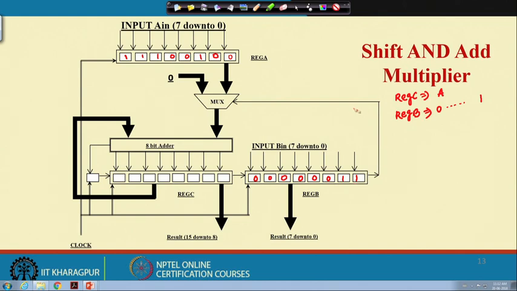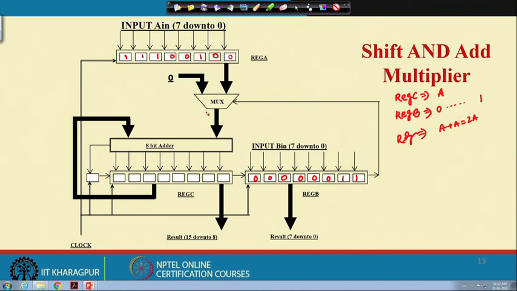So, that means now again this will be added. Initially, it is 1, so it is choosing this A. Then again this is 1, then again register A will be A plus A, that will be 2A.